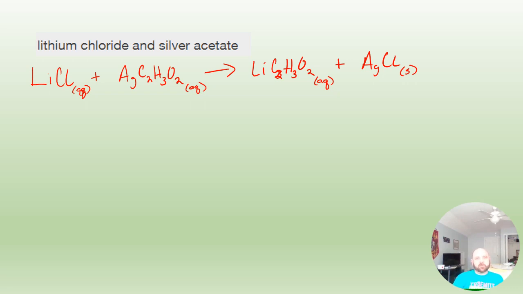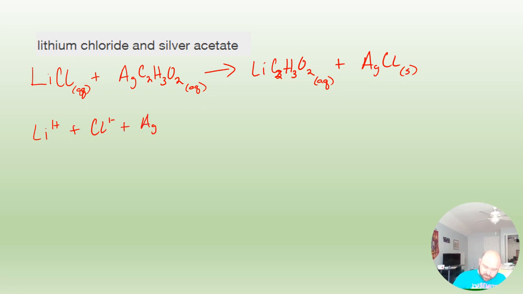If I bust everything into the constituent ions that are there in solution, I see that lithium 1 plus ions would be there from lithium chloride. Chlorine, 1 minus ions would be there from chlorine.